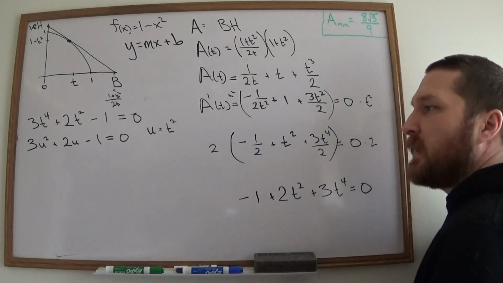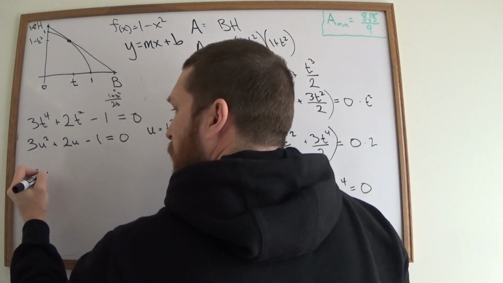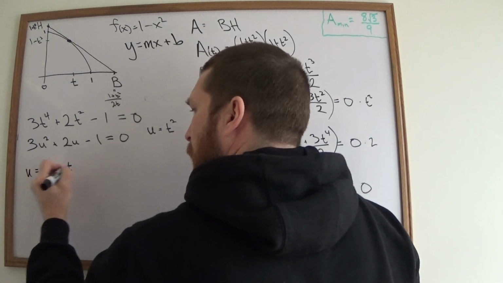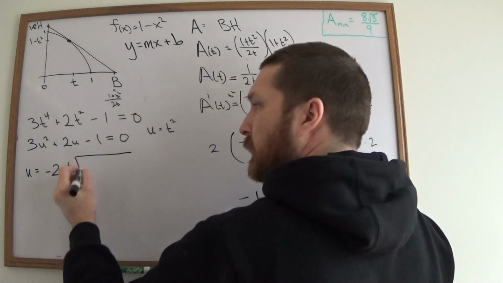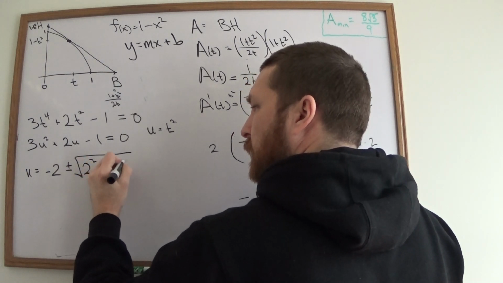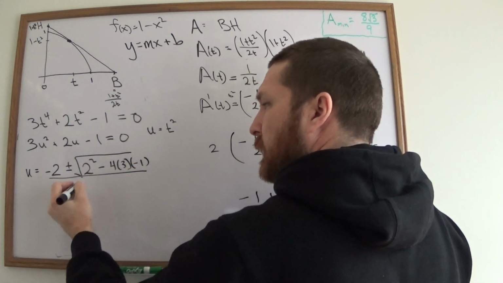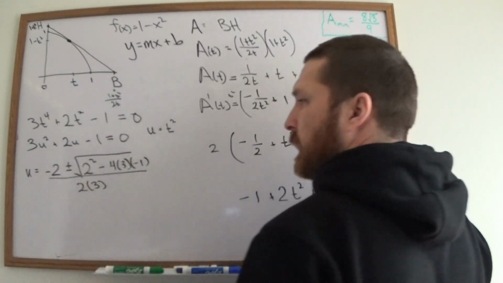So, quadratic formula. In this case, it's not x, it's u. So u equals negative b plus or minus the square root of b squared minus 4ac, divided by 2a. There we go.